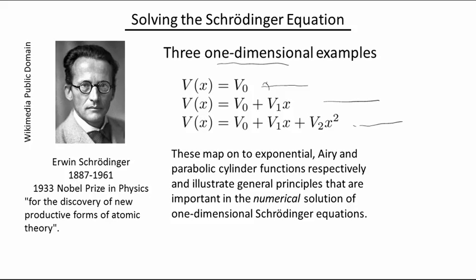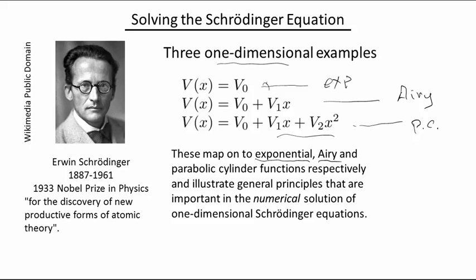But you might say that these are the 3 simplest possible potentials in terms of development as polynomials, and the solutions of the Schrodinger equation for these cases are the exponential function for the constant potential, the Airy function for the linear potential, and parabolic cylinder for the quadratic.